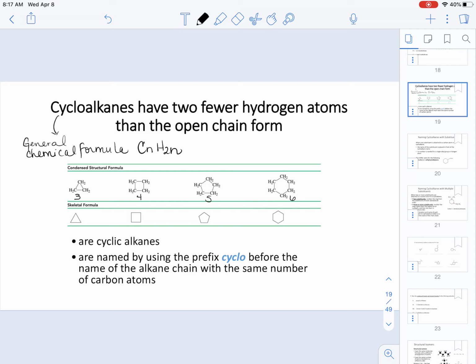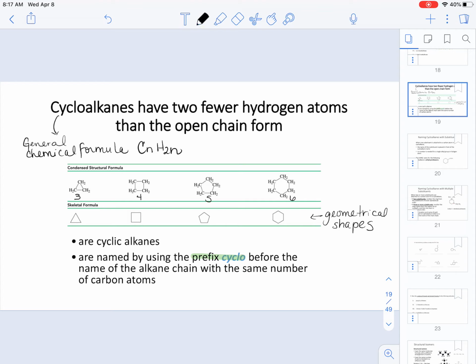When it comes to the skeletal formula for these alkanes, as you can see, they take some geometrical shapes. When we're writing the names of these cyclic alkanes, the prefix cyclo is going to be utilized for each of them.